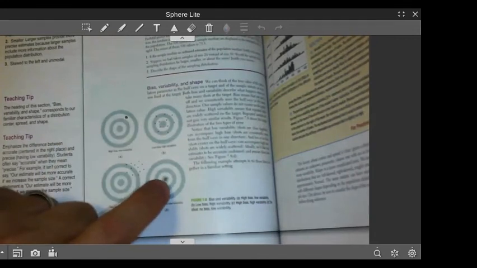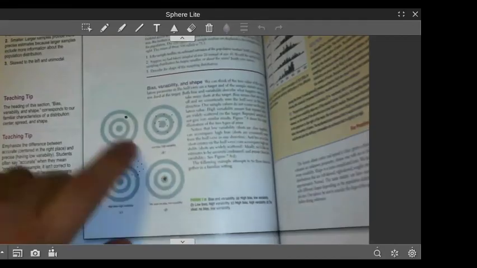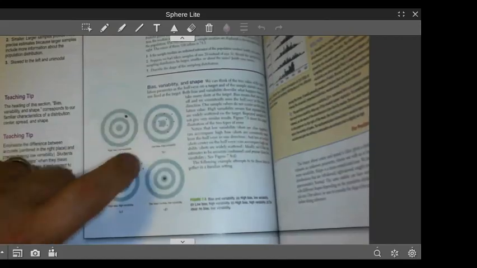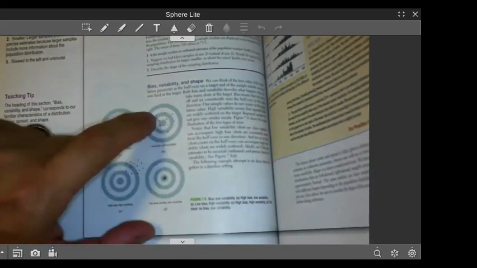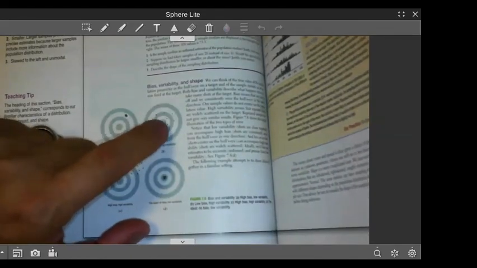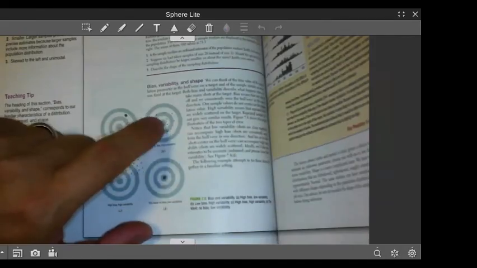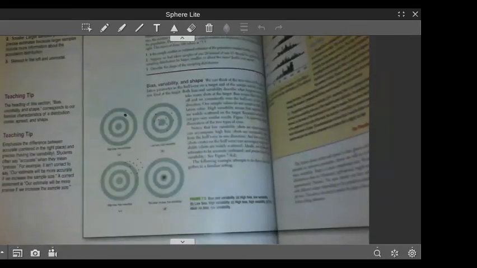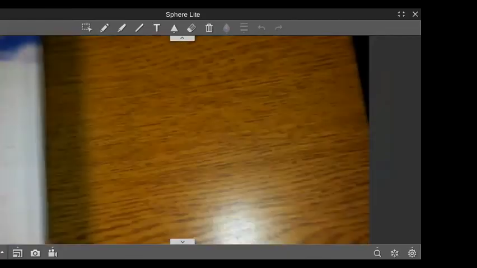It's centered around the center, and everything is tight. This one has low accuracy. It's not at the center, but the precision is good. These two have weaker precision. This one has good accuracy: everything is centered around the bullseye, but the precision is not good. And then on this one, they're both off. That's the difference between precision and accuracy.